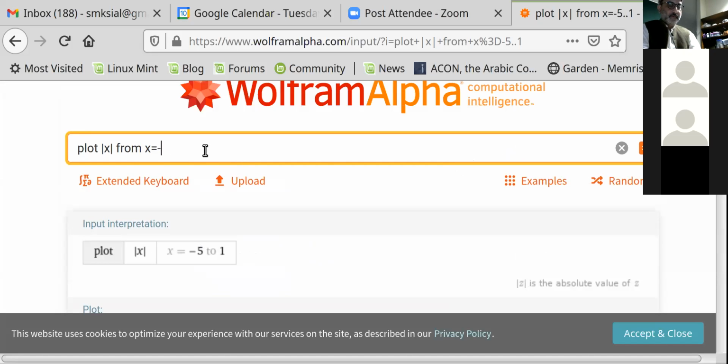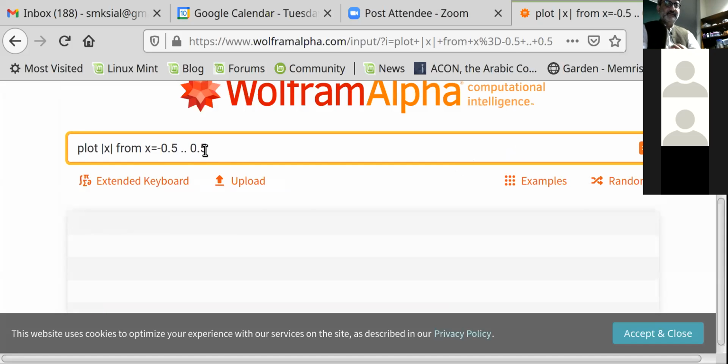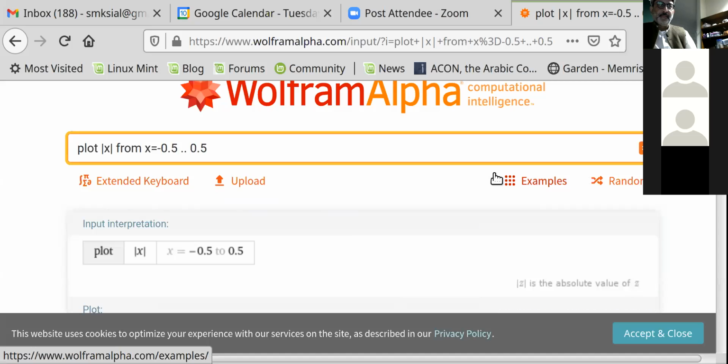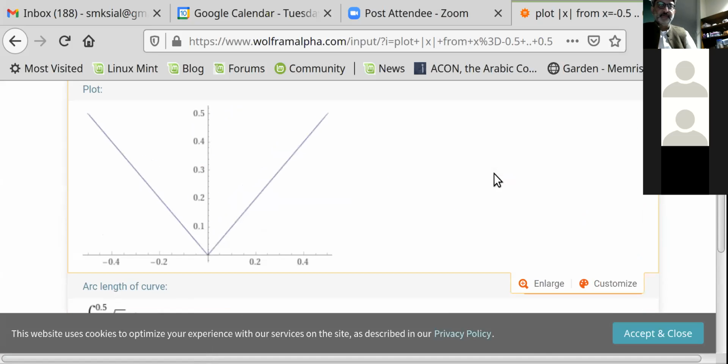Well, there's no derivative there, but the function still exists, right? I mean, the function is perfectly fine there. It just doesn't have a derivative there. Okay, sir.